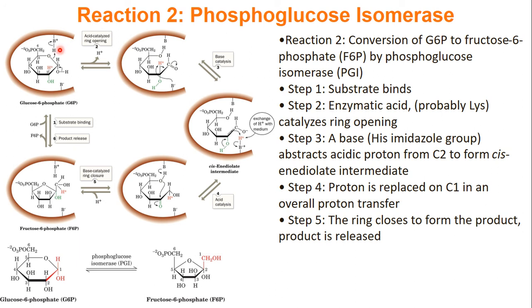So we have a donation to make an OH here, and we're going to form a C double bond O. So that's step 2, this acid. Step 3, we have a base, probably histidine, taking the hydrogen from carbon 2 right here. So we're taking the hydrogen and we're forming the cis-enediolate intermediate.